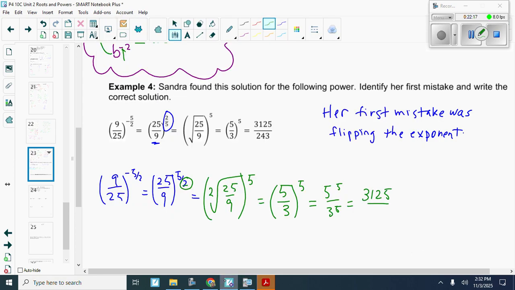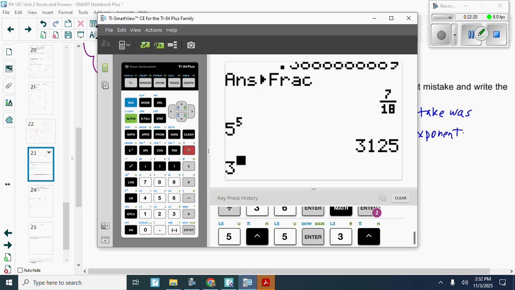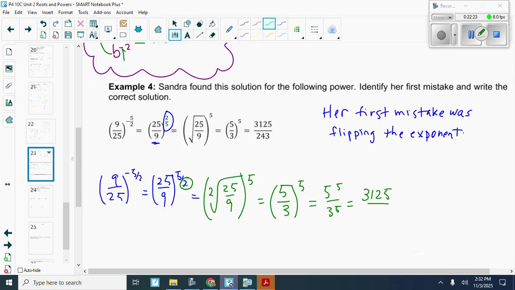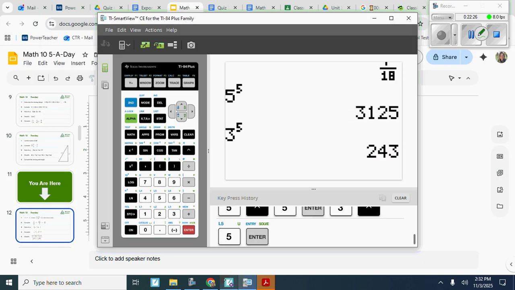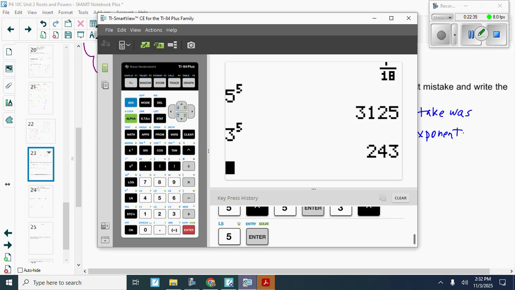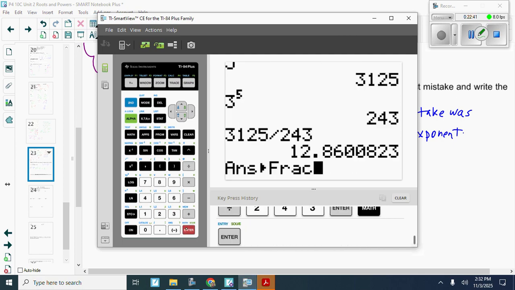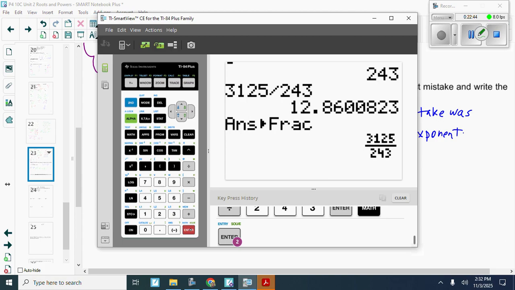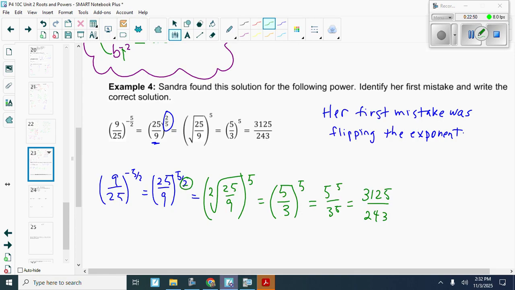And then we have 3 to the exponent 5 as well: 243. Your calculator could confirm that that's in simplest form, so we know that's our final answer. The final answer was okay, this step was okay, this step was okay, but somehow she messed up with that exponent.